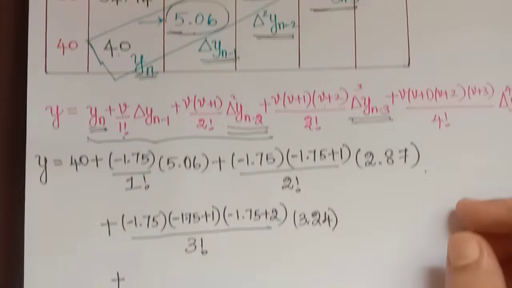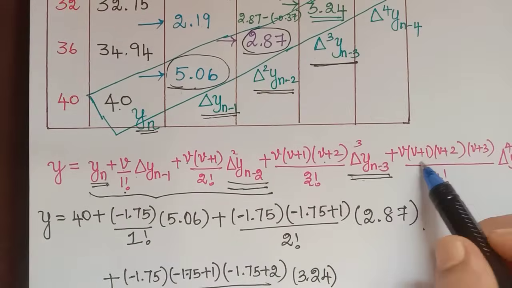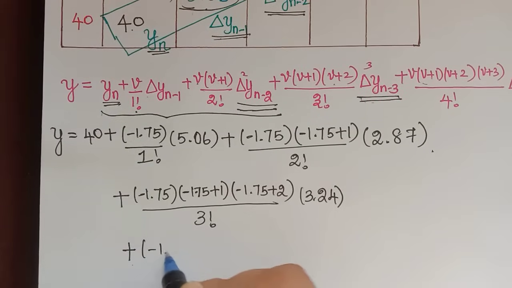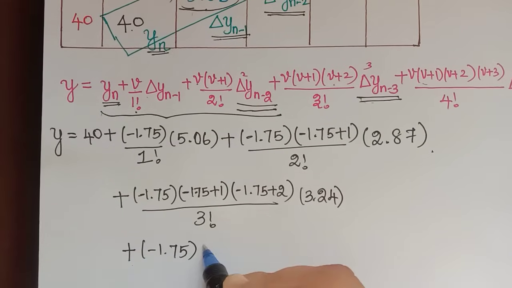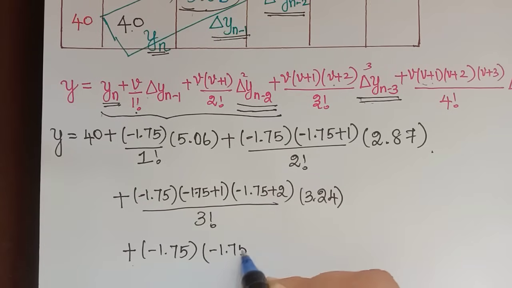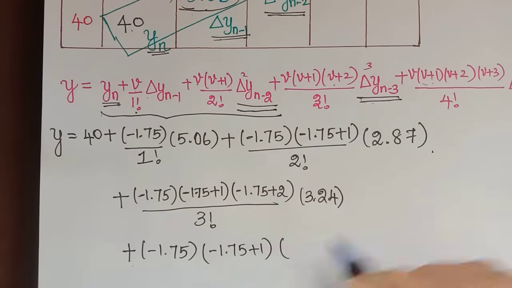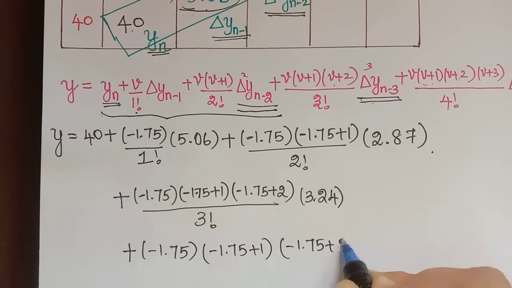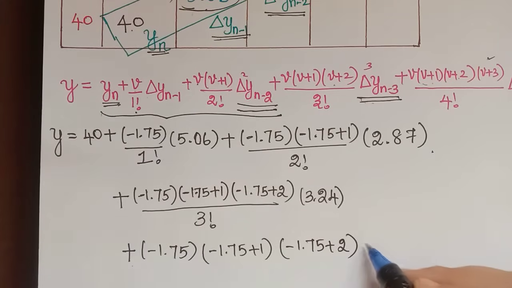And then plus the next value. So plus here you have v multiplied with v. What is v? Minus 1.75 multiplied with v plus 1. So again minus 1.75 plus 1 multiplied with v plus 2. So minus 1.75 plus 2, and we have v plus 3.